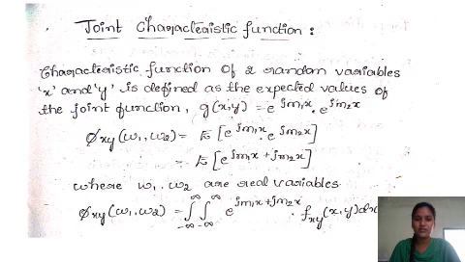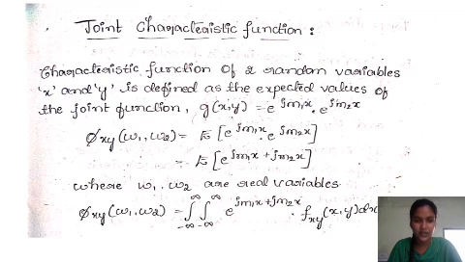These e powers have the same base, so we can take it as the expectation of e power j omega 1 x plus j omega 2 y, where omega 1 and omega 2 are real values.